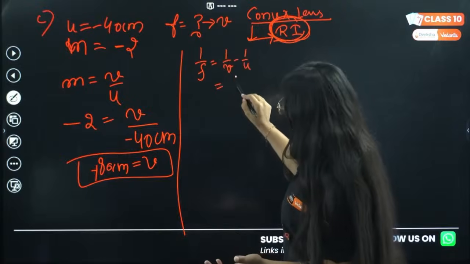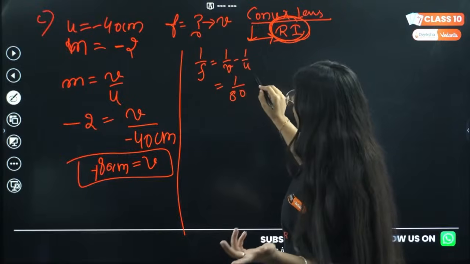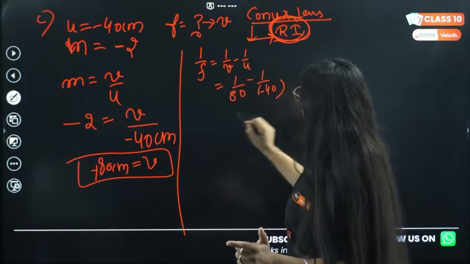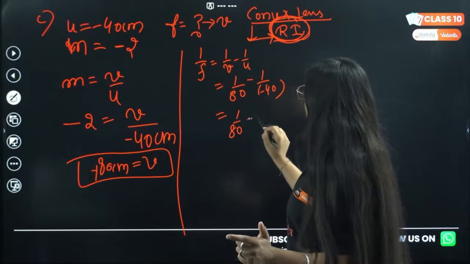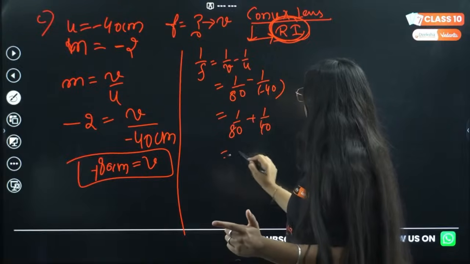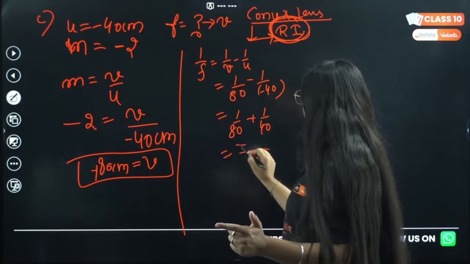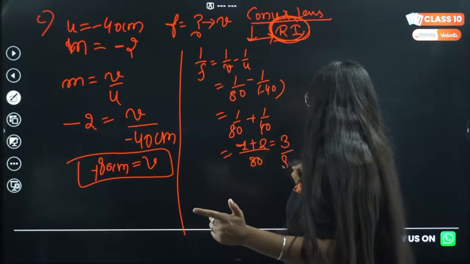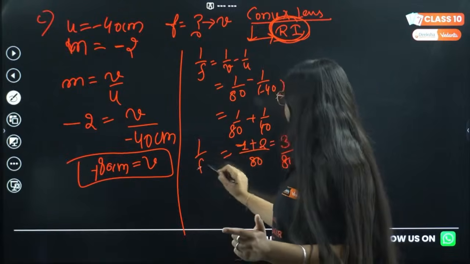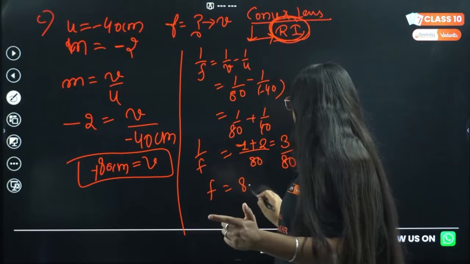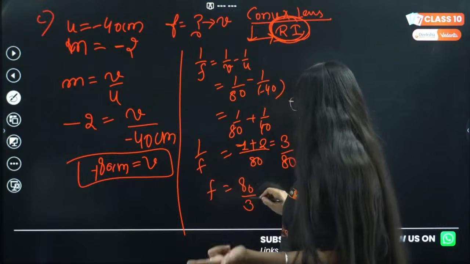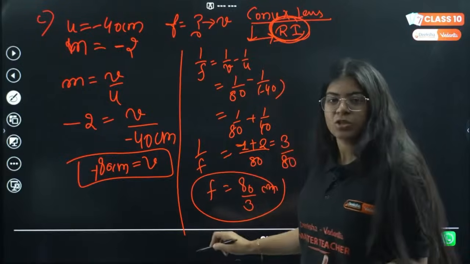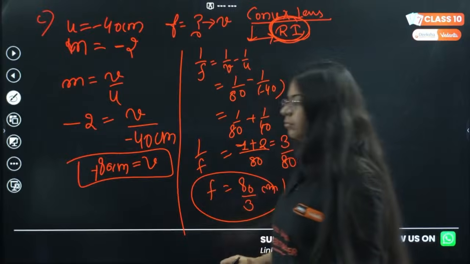So 1 by 80 centimeter and u is minus 40 centimeter, and you can just add these, 80 plus 40. This will be 80, 1 plus 2, this will be 3 by 80, 1 by f. So f will be 80 divided by 3, and you can just solve this, and this will be in centimeter. You can do the calculation of this, right? 80 by 3, come on.